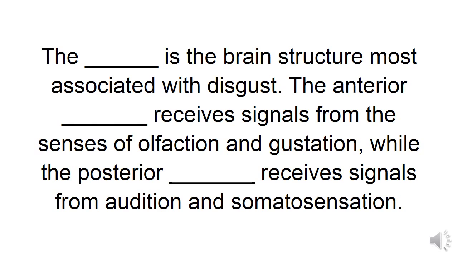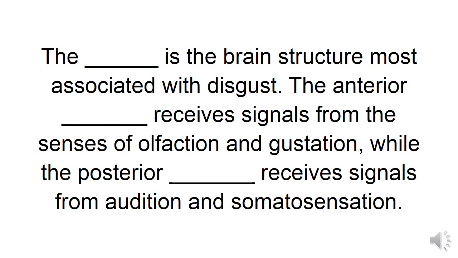The insula is the brain structure most associated with disgust. The anterior insula receives signals from the senses of olfaction and gustation, that's smelling and taste, while the posterior insula receives signals from audition and somatosensation. That's like hearing and the feeling of touch. And all these blanks are the same word.